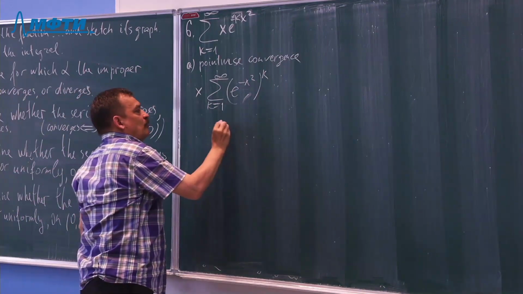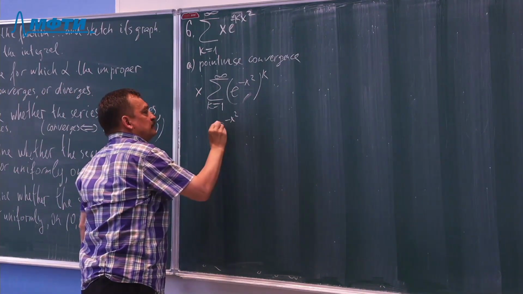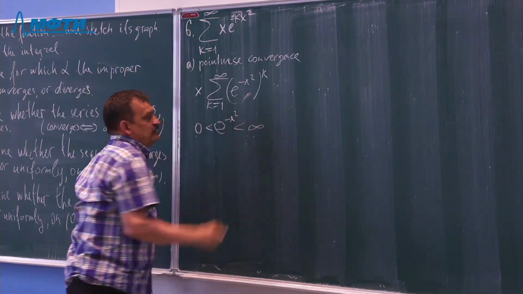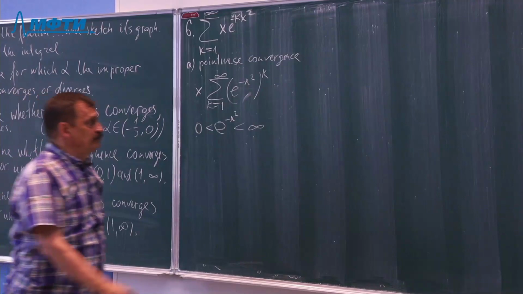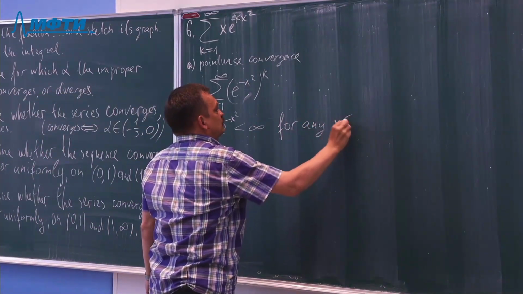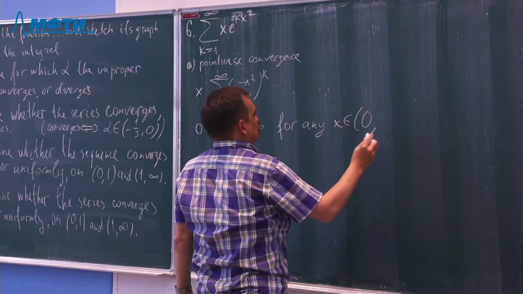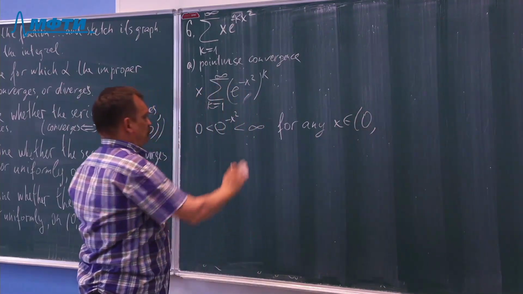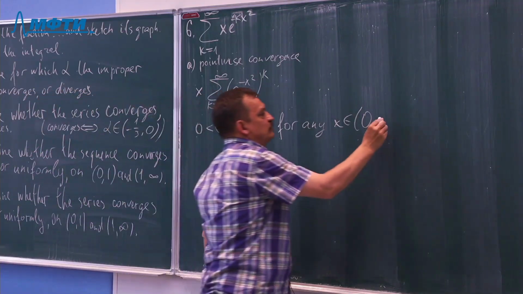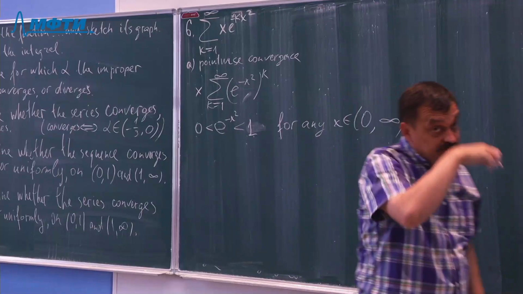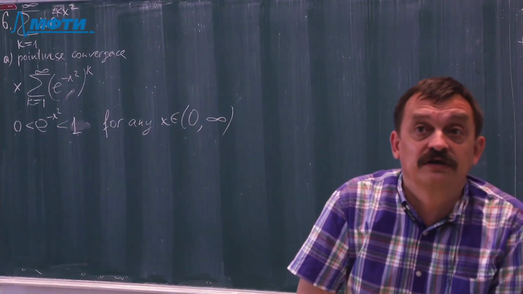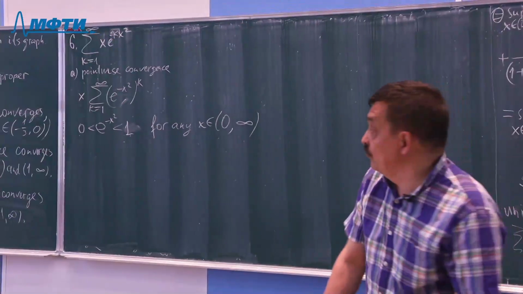And e to the power minus x squared is some number which is between 0 and, of course, infinity. It's a positive number for any x from 0 to, not up to 1, of course, right? For any x from 0 to infinity. From 0 to 1, it's important, of course. From 0 to 1, right? And you know what it means.